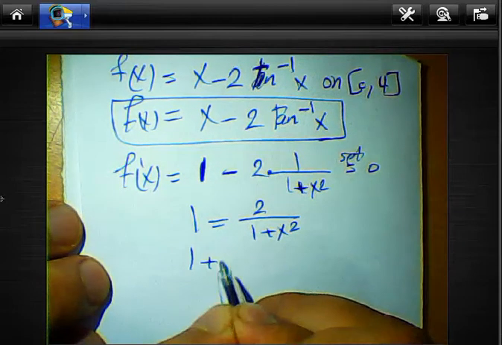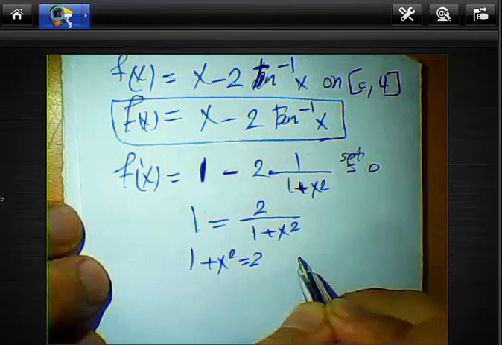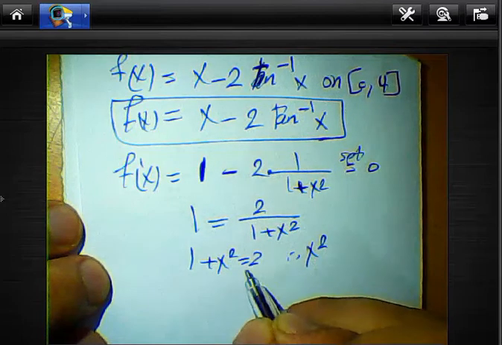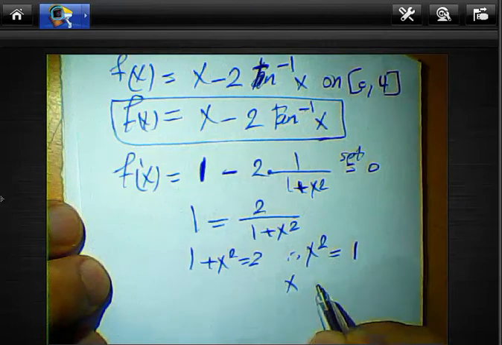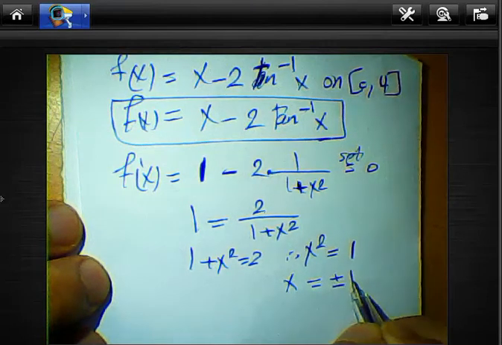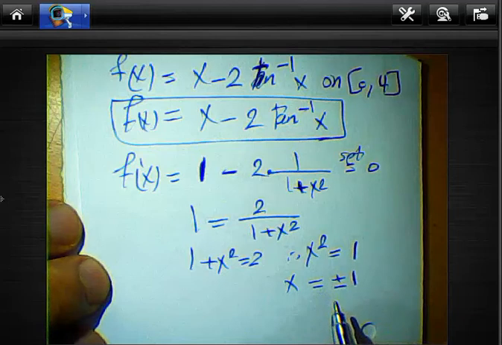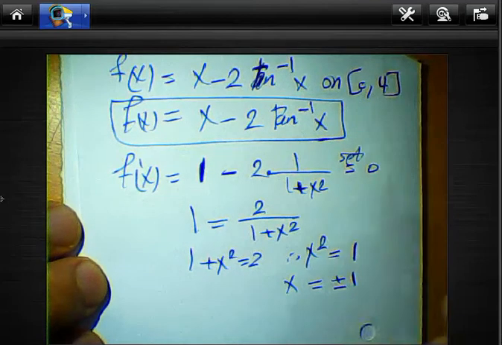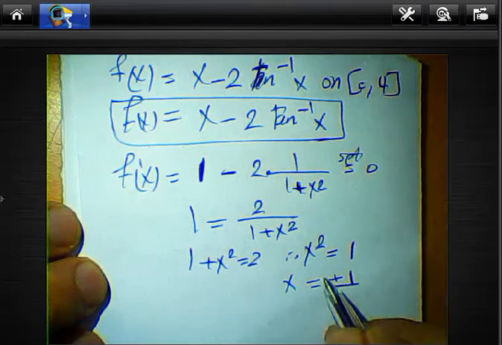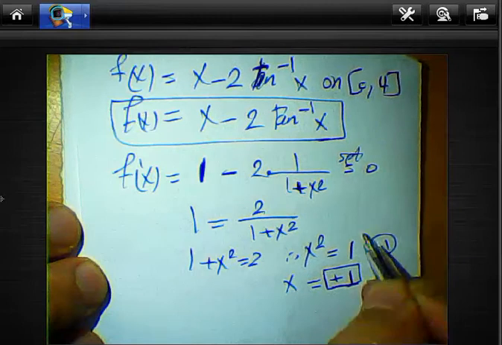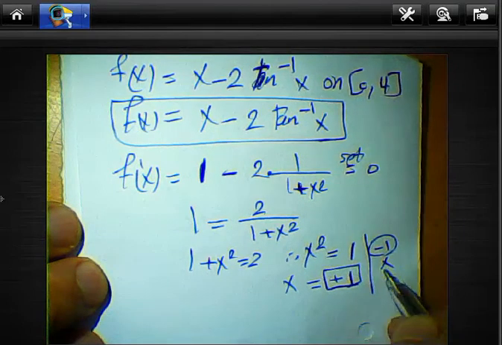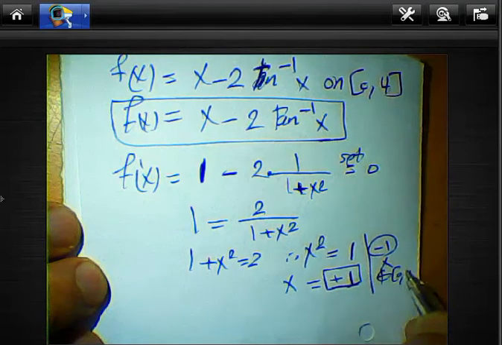Then 1 plus x^2 equals 2, and then x^2 equals 1, and then x equals positive or negative square root of 1, then x equals 1 or -1, but -1 does not belong to this interval, so x will be +1 only. -1 is not a solution, not belonging to the interval 0 to 4.